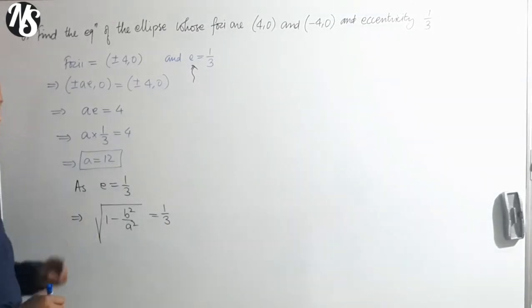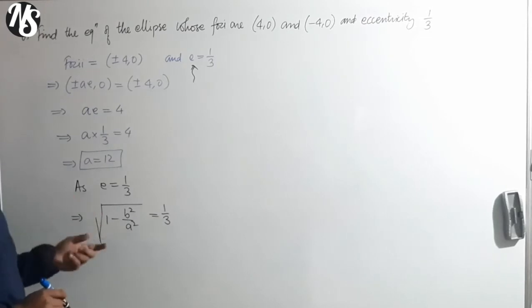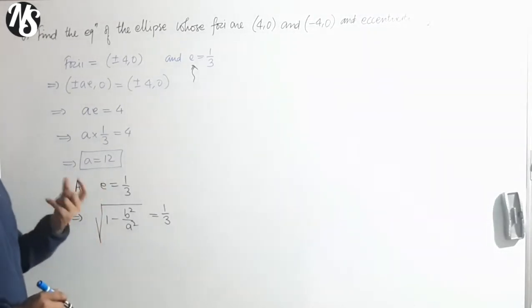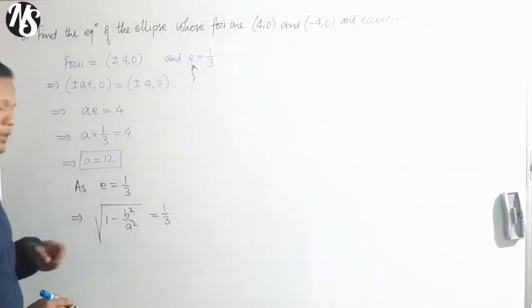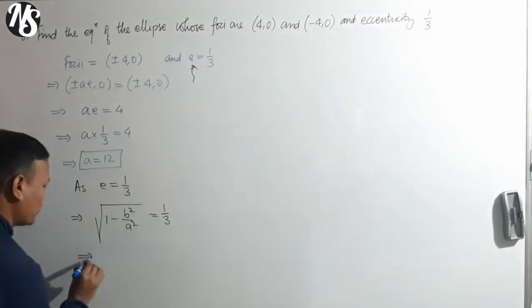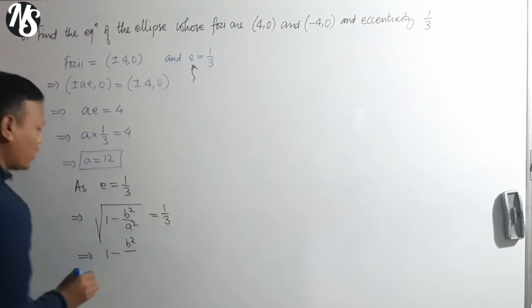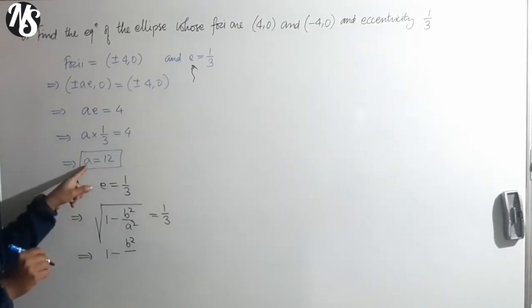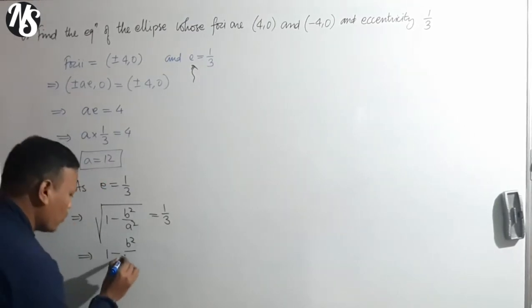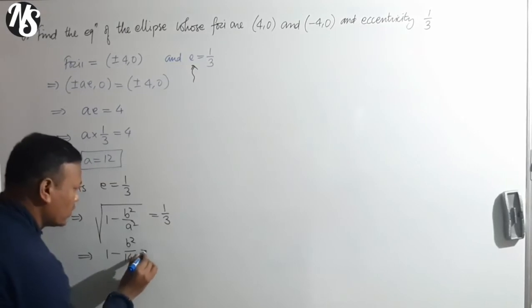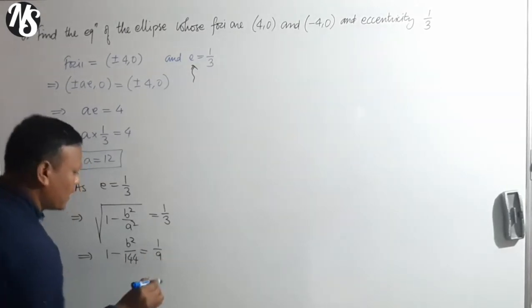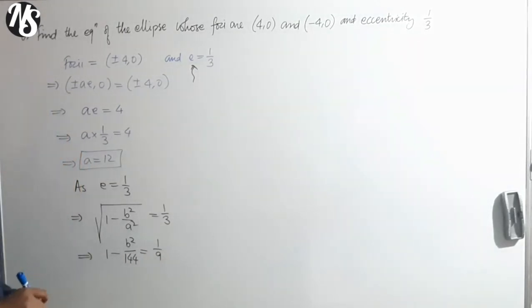Let's get rid of this square root sign. In order to remove it, we need to square both sides, isn't it? So when you square this, you have 1 minus b squared by a squared. Now a is 12, so a squared becomes 144, equals 1 by 9. You have squared both sides, remember.